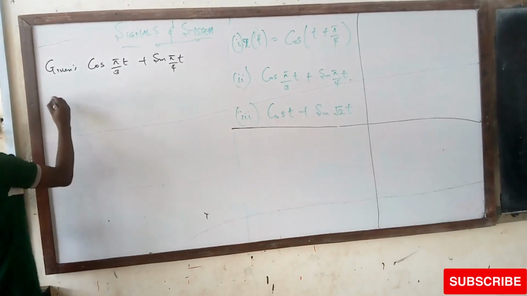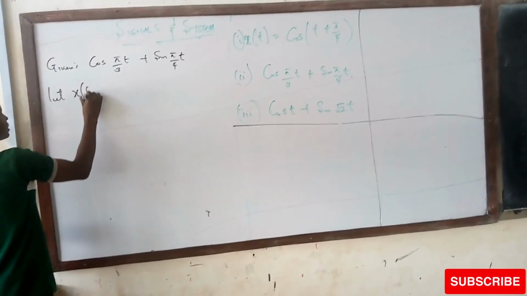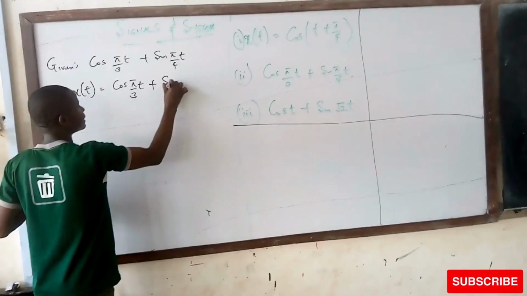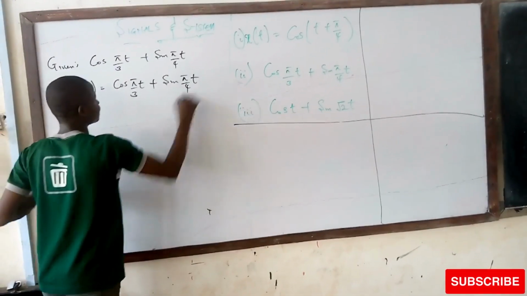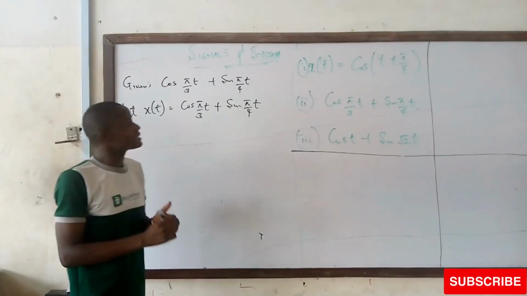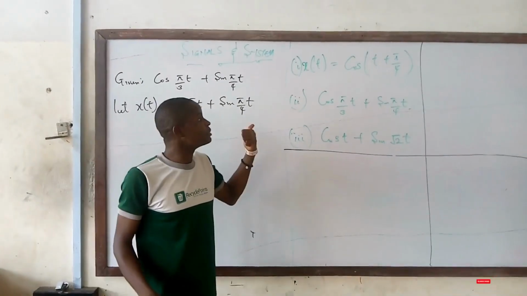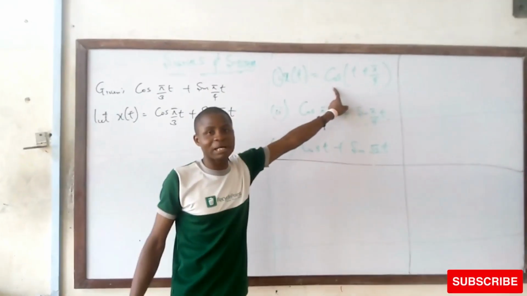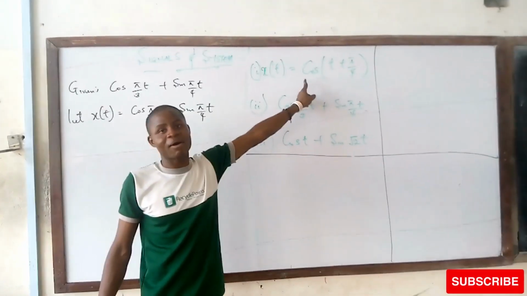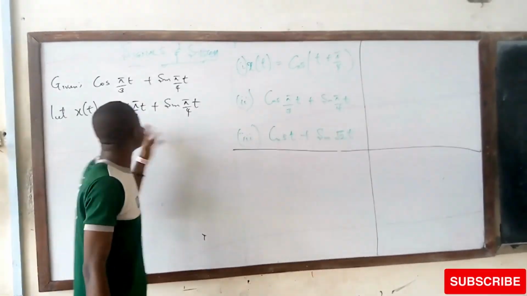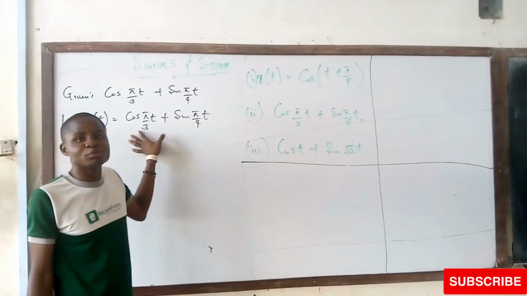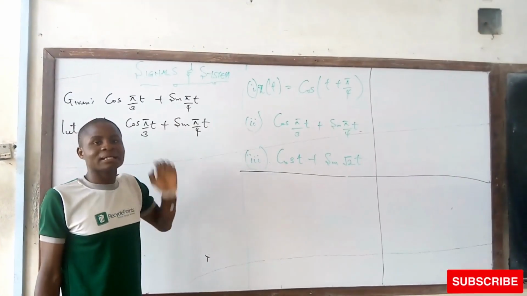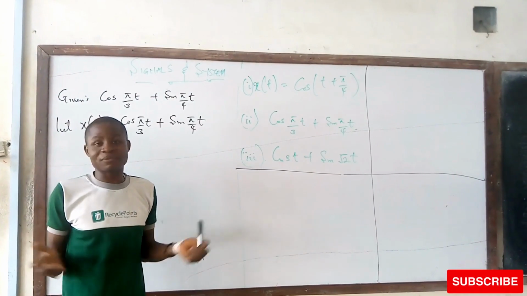Now here is the second example. Let x of t equal cos of pi over 3 t plus sine of pi over 4 t. This example is quite different from the previous one, in that the previous one had only one trigonometric function representing our signal, but in this new example, we have two trigonometric functions. To handle it is very simple.